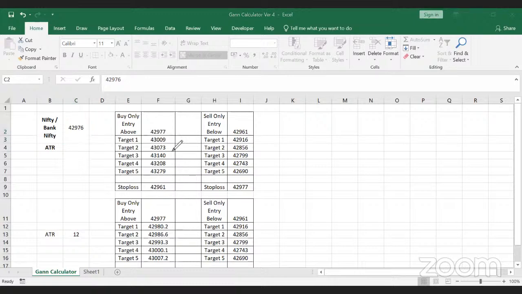See, it is still trading between this and this. It has to start trading in this range, then it will start coming down. So it has to breach that 43,000 level.